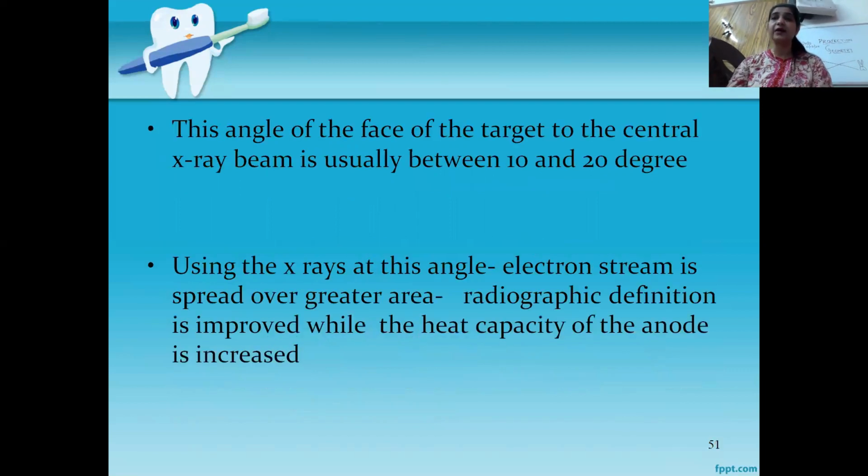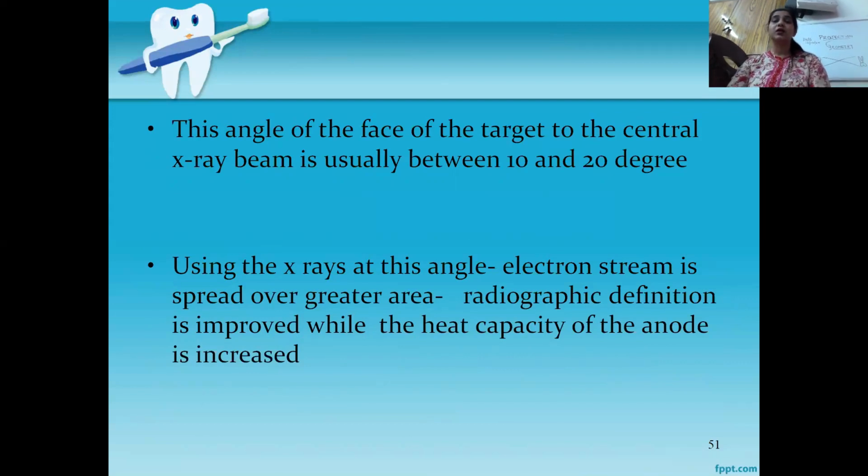The ideal angulation of the face of the target to the central X-ray beam is usually 10 to 20 degrees. Using the X-rays at this angle, the electron stream is spread over a greater area, and radiographic definition is improved while the heat capacity of the anode is increased.